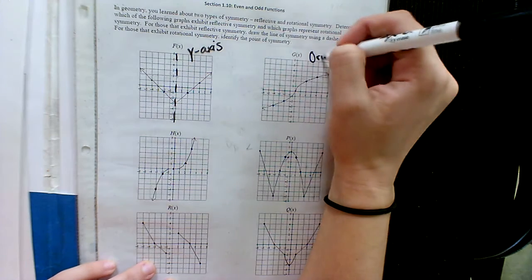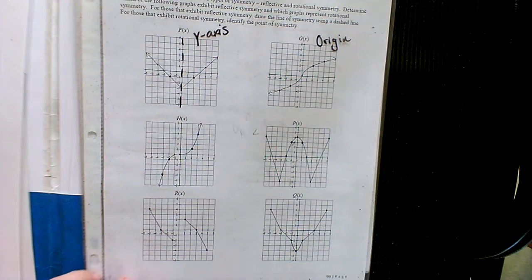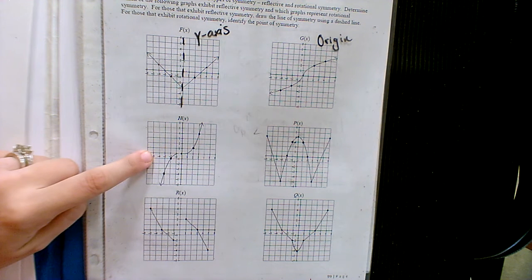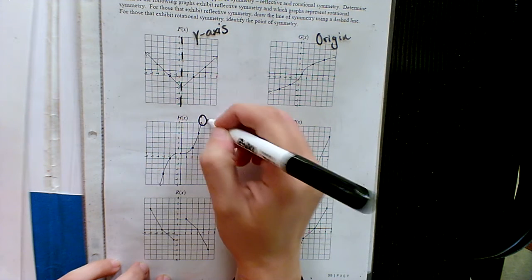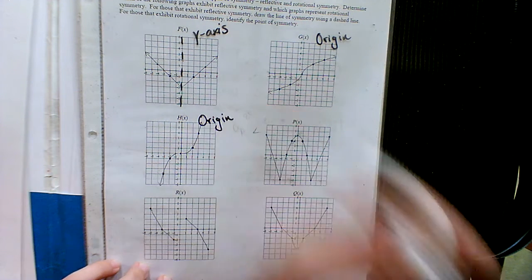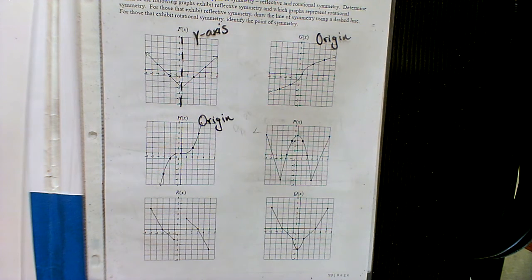So this would be our origin symmetry. What about h of x? Is there some way you can fold it, or can you rotate it? If you flip it upside down, it would be the same graph. Okay, so origin symmetry. What about p of x?